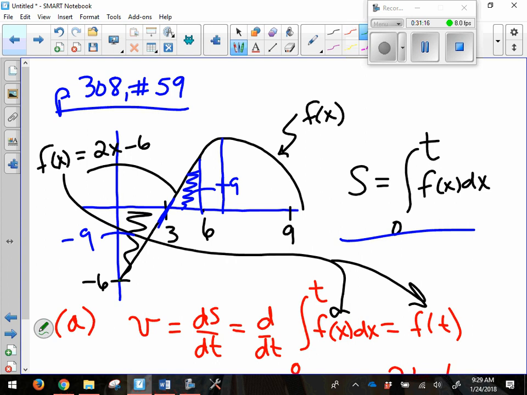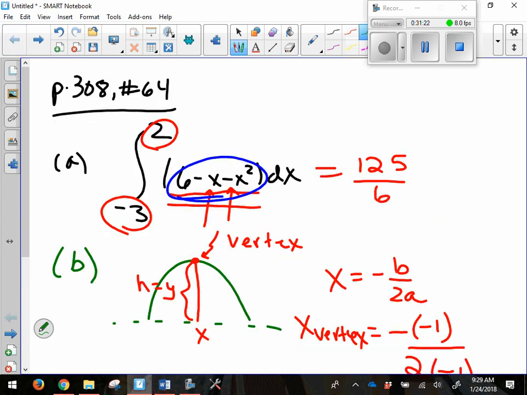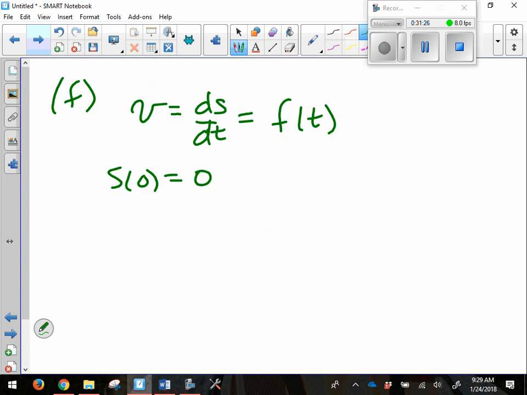Negative. And it's negative up until when? T equals 3. Okay. So as t goes from 0 to 3, what's the velocity going to be? Positive or negative? Negative. Okay. And then where does it change direction?